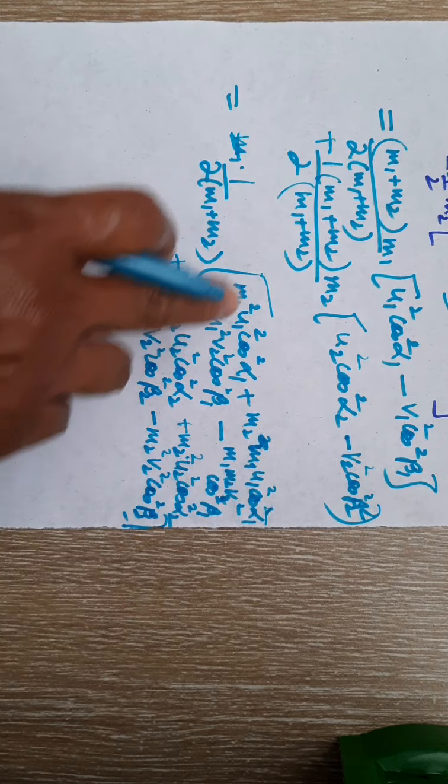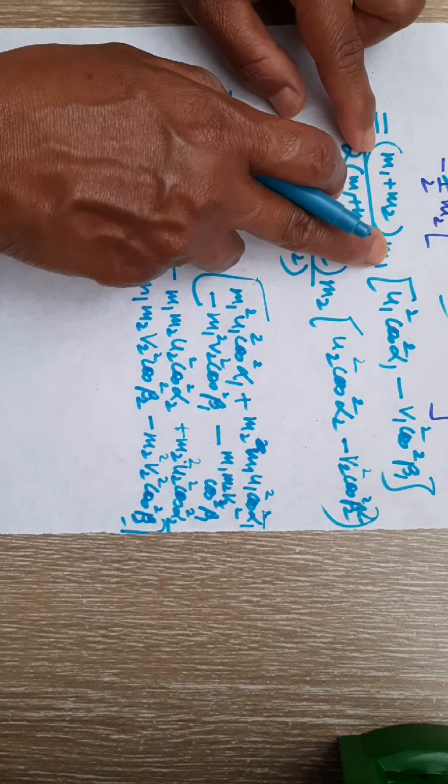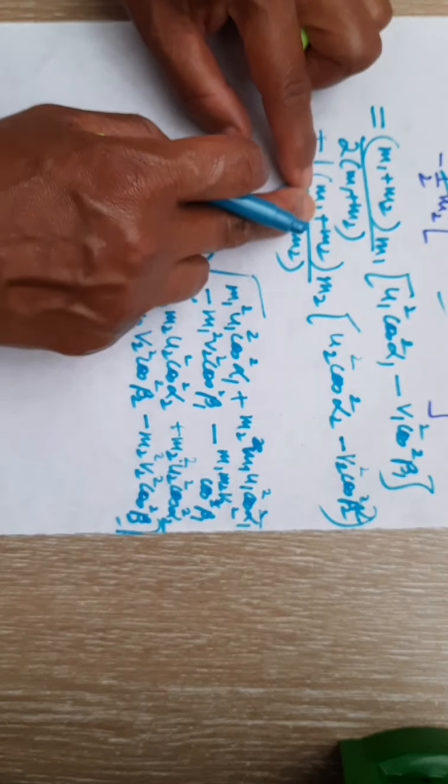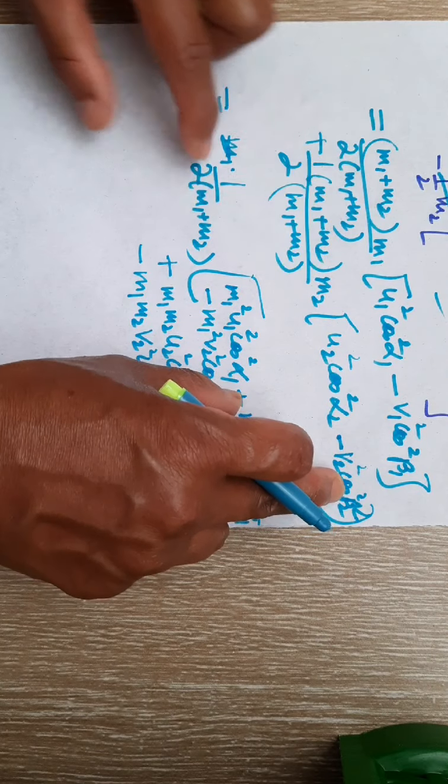So these are the terms after multiplying this one, m1 plus m2 m1 into the first term and m1 plus m2 into m2 into the second term.